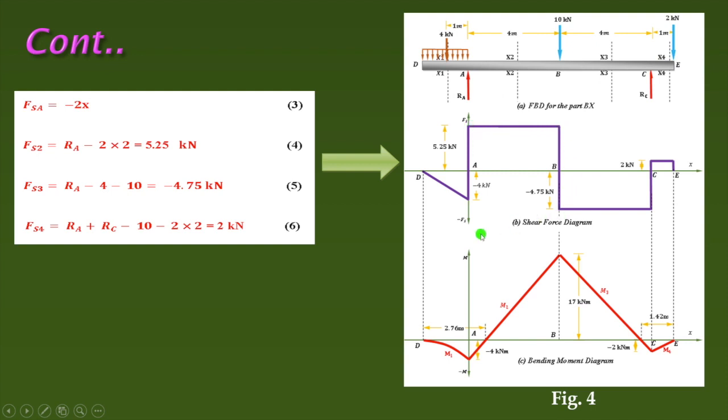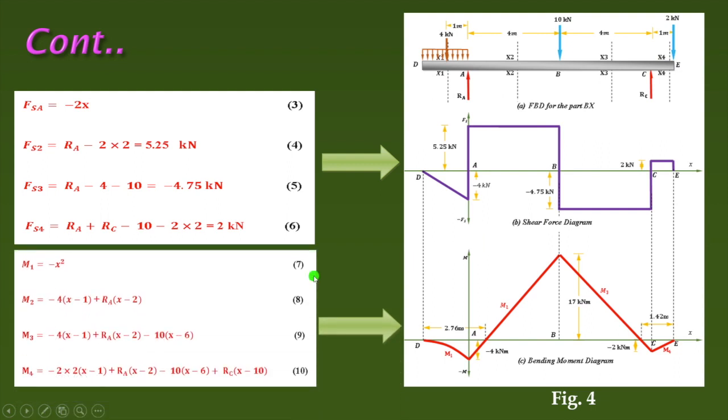Now come to the bending moment diagram. The equation for the first section, between D and A, is minus x square, which is a parabolic curve starting from 0, substituting x equals 0, and this equals minus 4 kilonewton meter, substituting x equals 2.